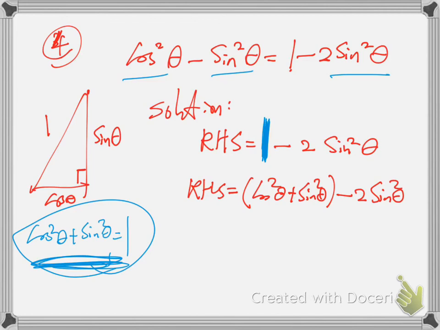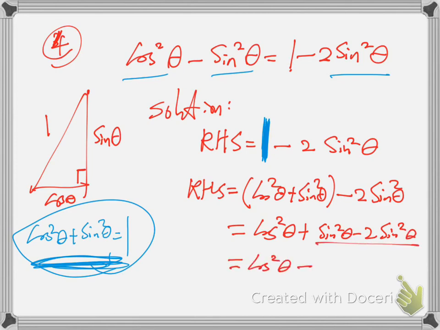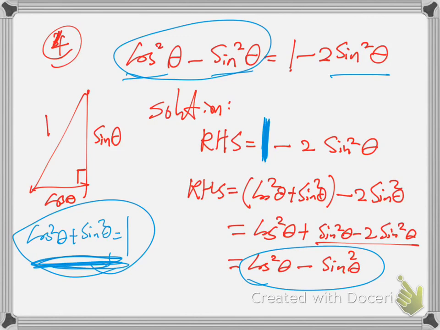So put them together, we got cosine theta squared minus sine theta squared. Now this is exactly the left hand side of the identity.